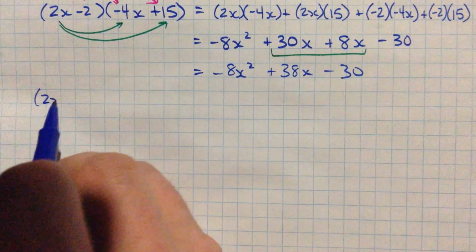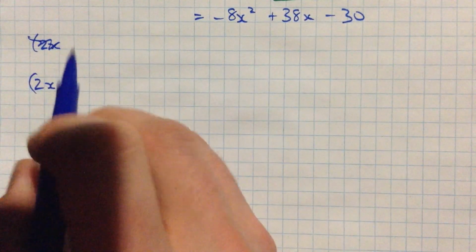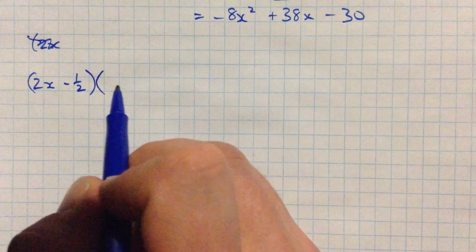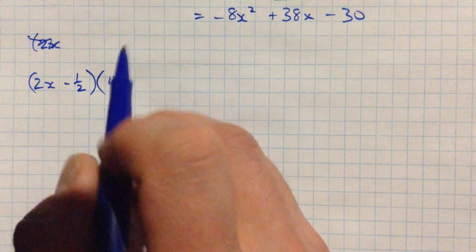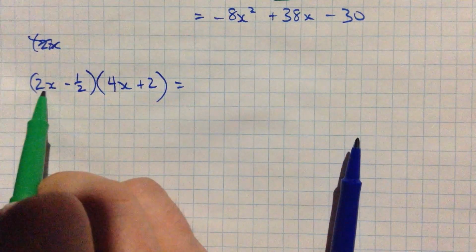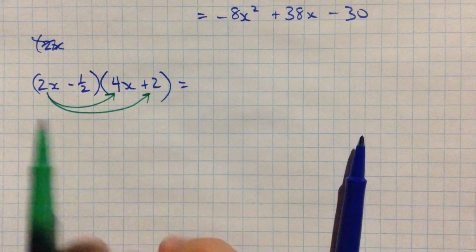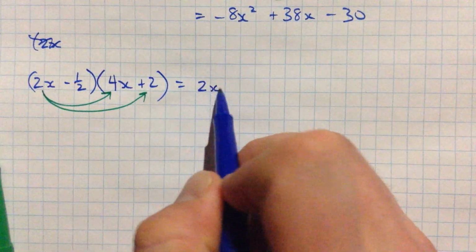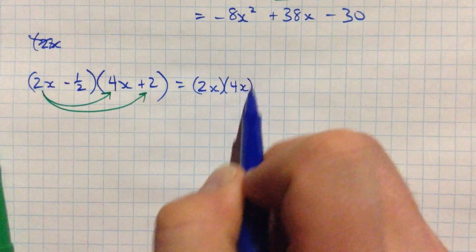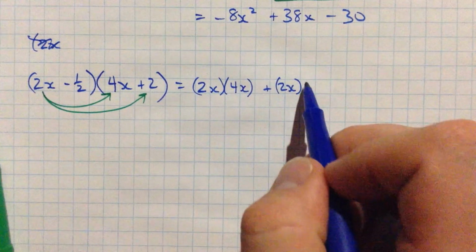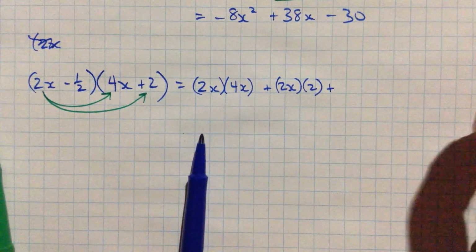Let's see. 2x again. Maybe I better move down a little bit just to give some more room. 2x minus 1/2. That's the constant term. And here we have 4x plus 2. Alright, same as before. This times this times this. 2x times 4x plus 2x times 2 plus, let's see what's next.